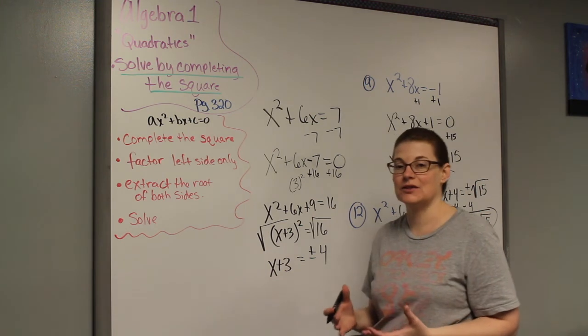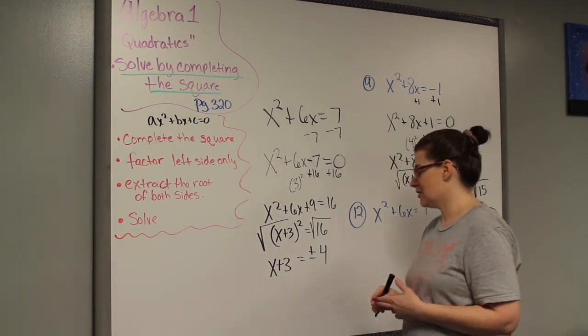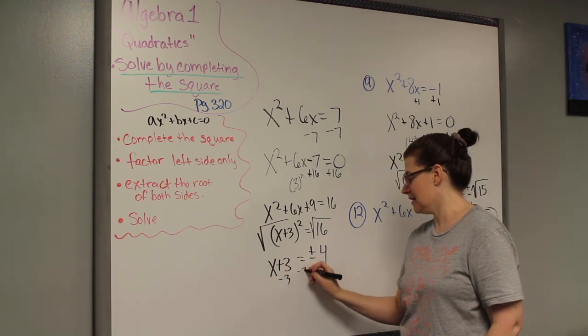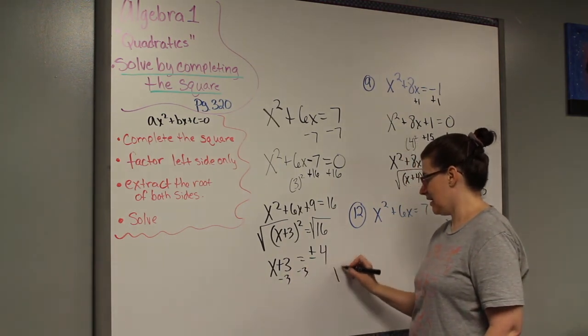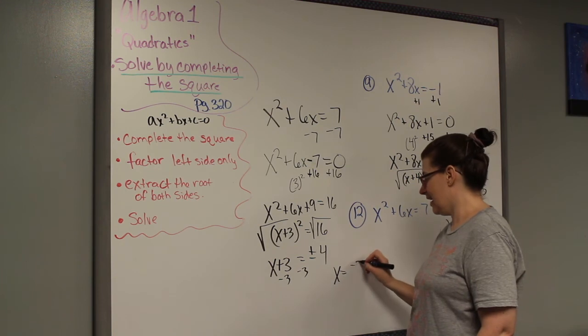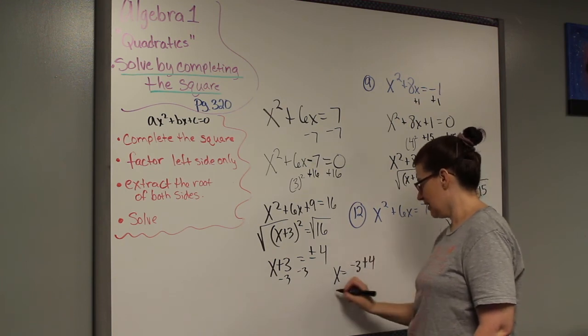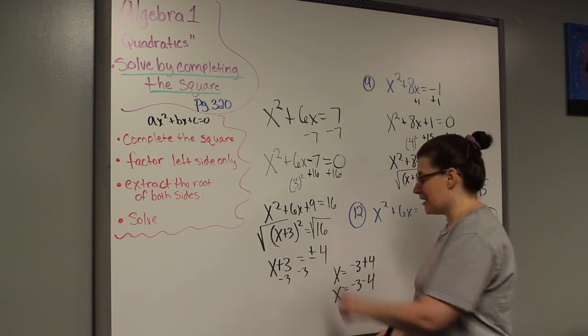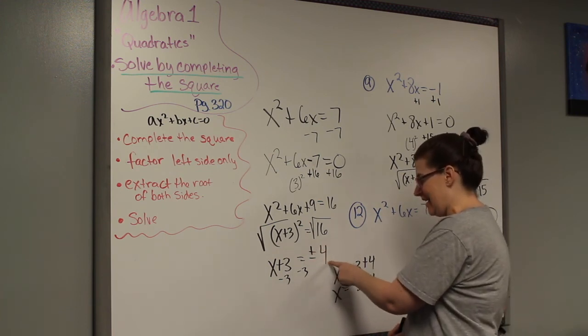So we are going to get to do both problems on this one. I need to move my 3 over, so I've subtracted. And I'm going to have x equals negative 3 plus 4, and x equals negative 3 minus 4. Because I need to do the plus and I need to do the minus.